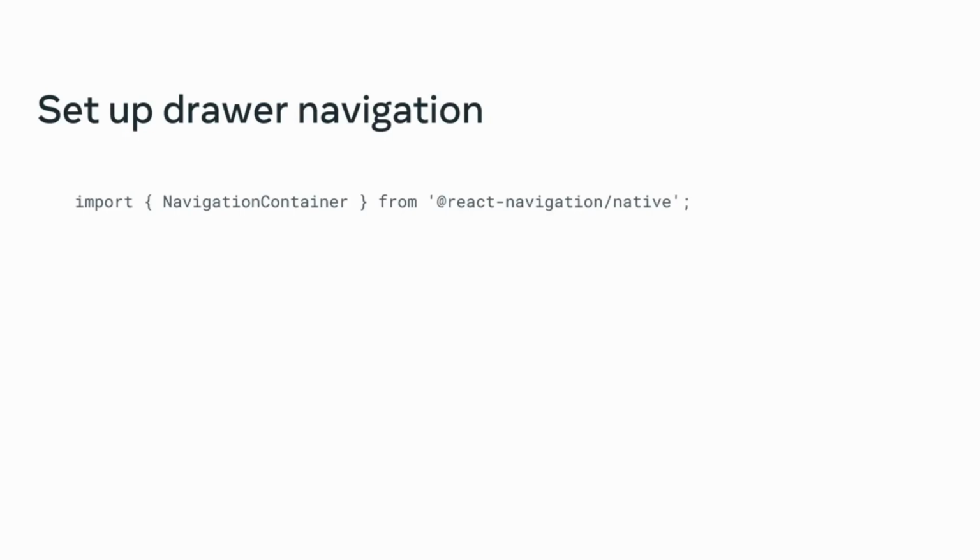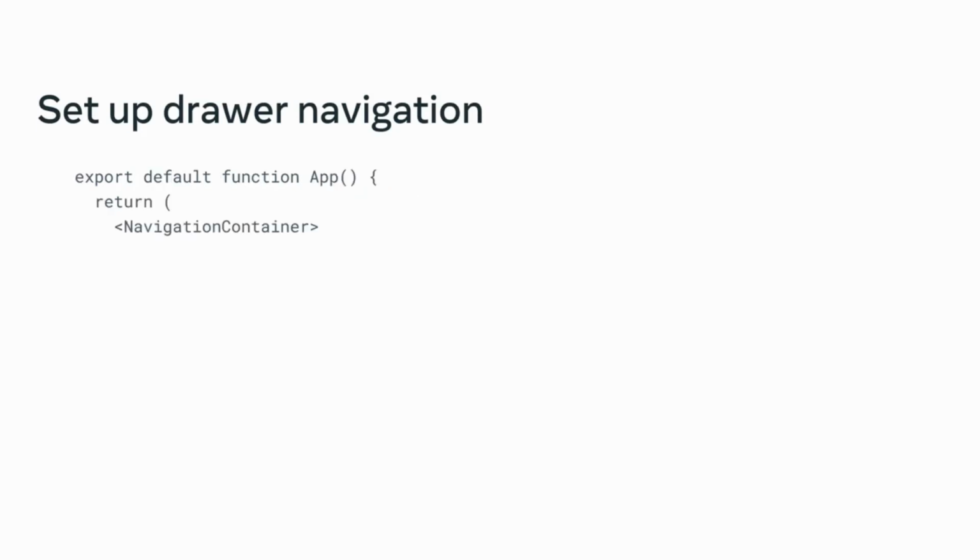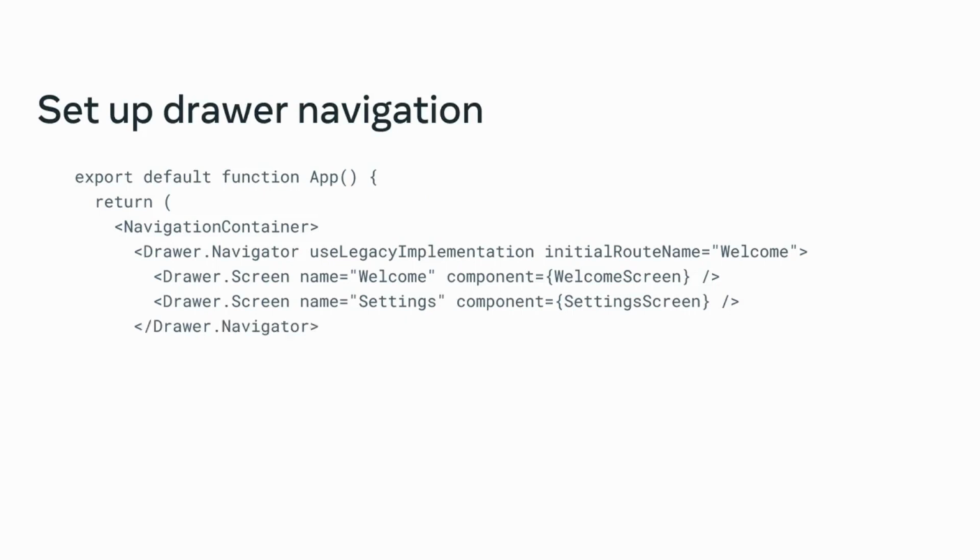To set up the drawer navigation for your mobile app, make sure to import the navigation container and the Create Drawer Navigator from React Navigation. Once the navigators are imported, you would instantiate the drawer using the Create Drawer Navigator from React Navigation. Then, within your root app component, you will wrap the drawer navigator within all the drawer screens.